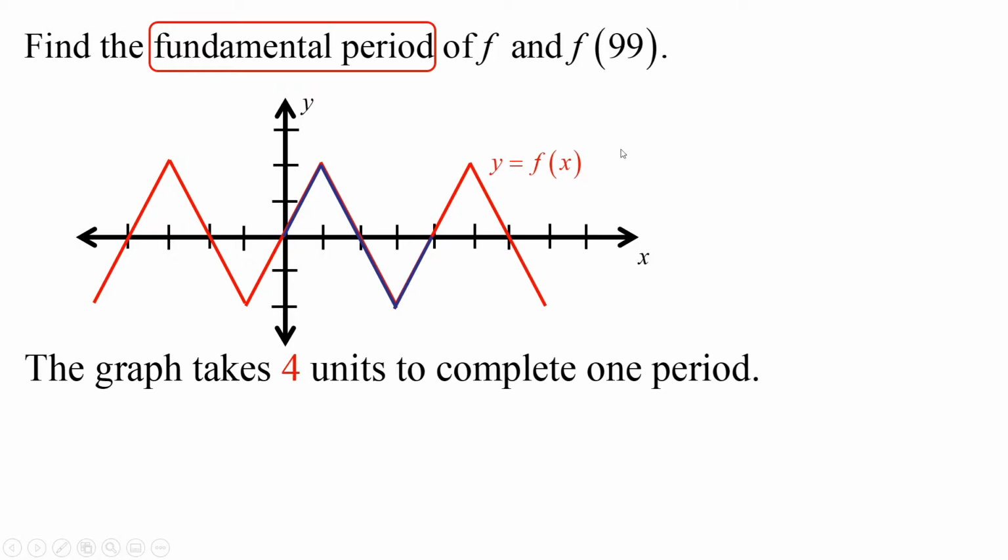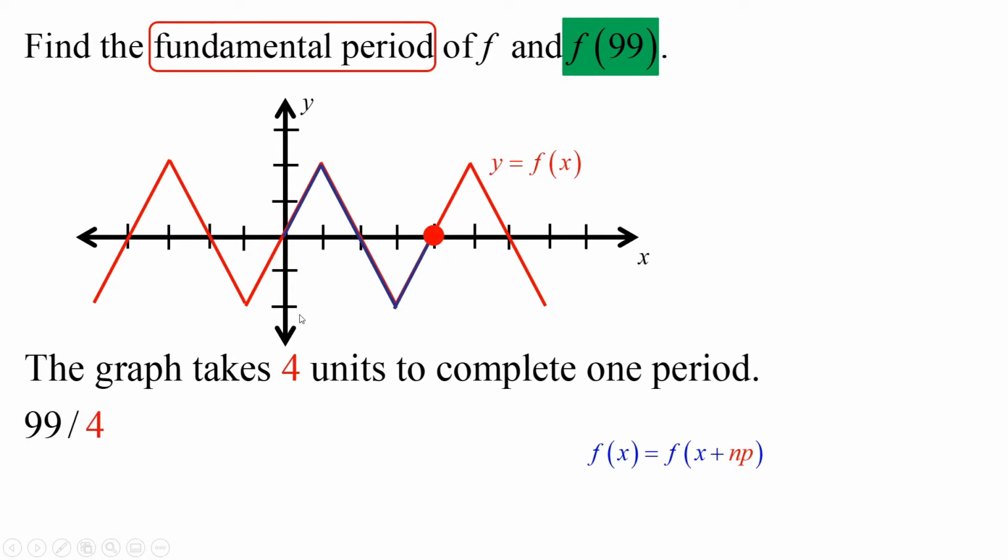Now, I cannot see what f of 99 is on this graph, but I do know that it is periodic and its fundamental period is 4. So there's an easy way for me to find f of 99. Because f of x equals f of x plus any multiple of p, I take this 99 and divide it by the fundamental period of 4.